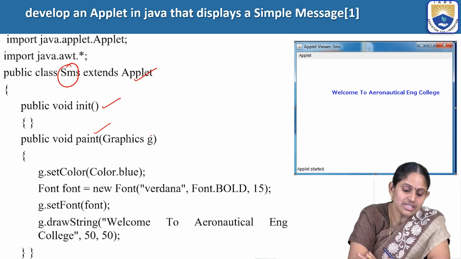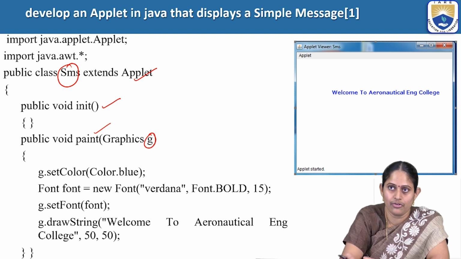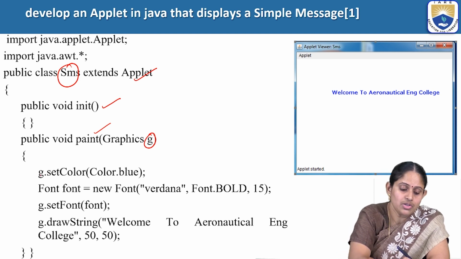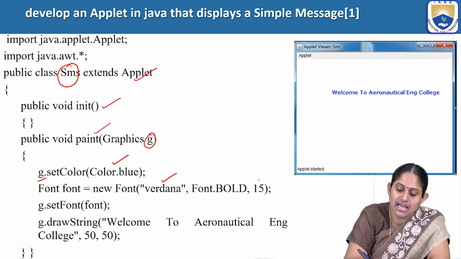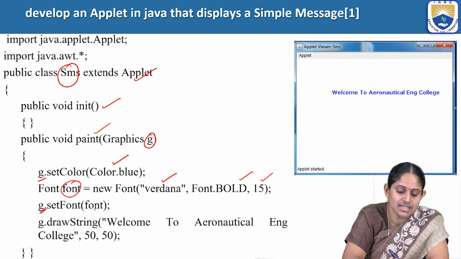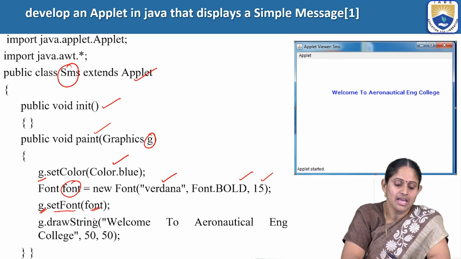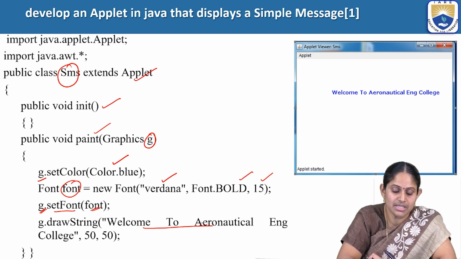we are making use of this graphics object g, which is used to set the font and the graphic features. So we are setting its color to blue. The font is set to Verdana, bold, size 15. Now this font is set to our graphics. So we call the setFont method and set the given font, and then we are writing this statement onto the applet.